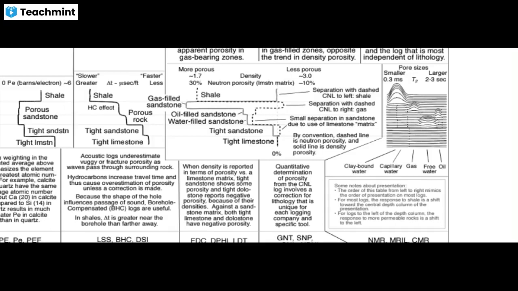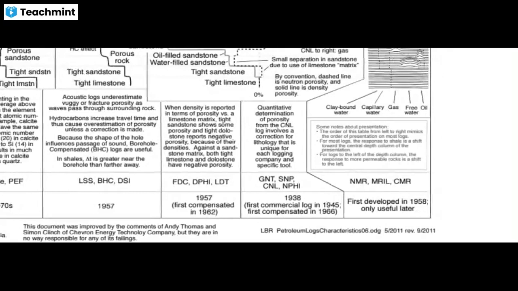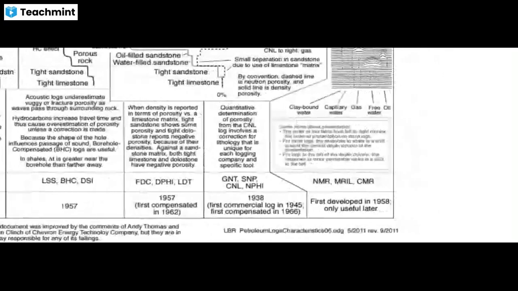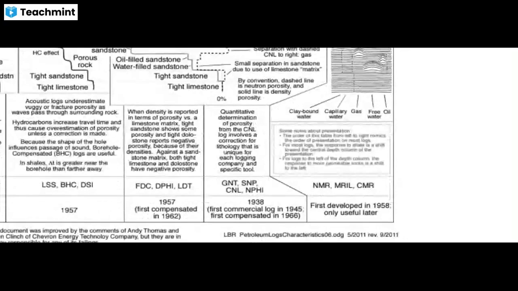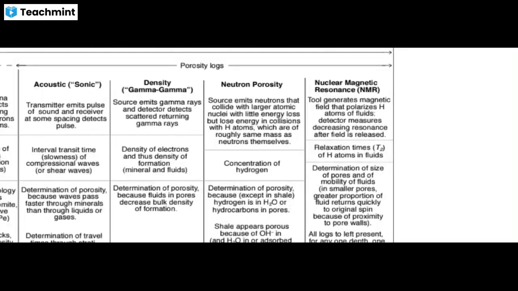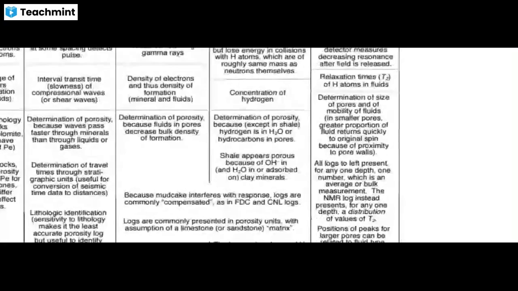And when the density is reported in terms of porosity for the limestone, it shows some porosity and some tight dolomite stones, which has to be a negative porosity. And also, this was commenced in 1938 and is noted as GNT, SNP, CNL, NPHI. So this is your neutron porosity.